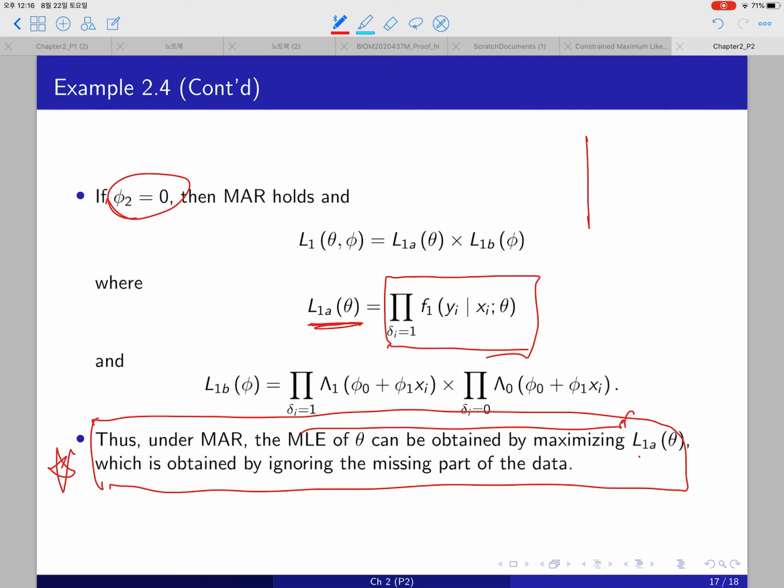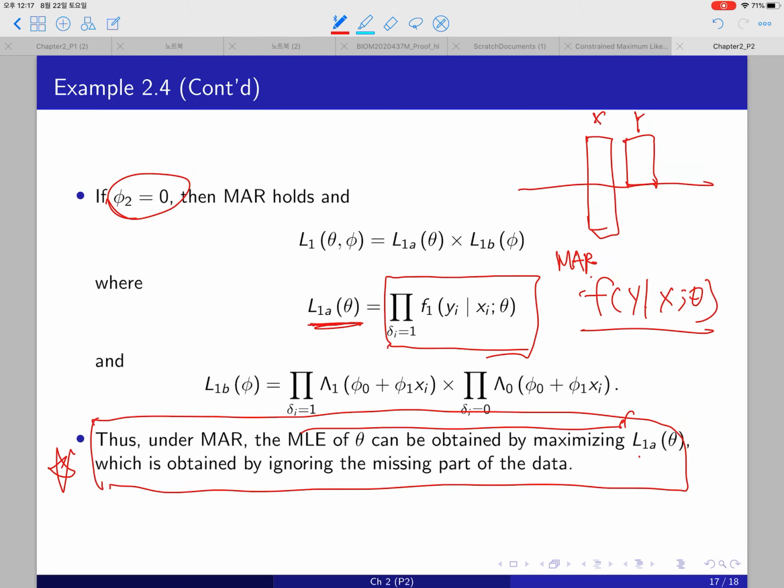So basically you have x and you have y, and you are interested in regression, the regression of y given x. Under missing at random, you can just use the complete case.